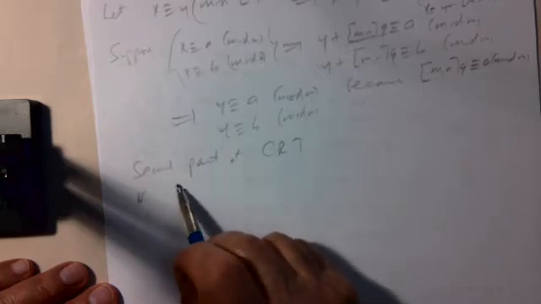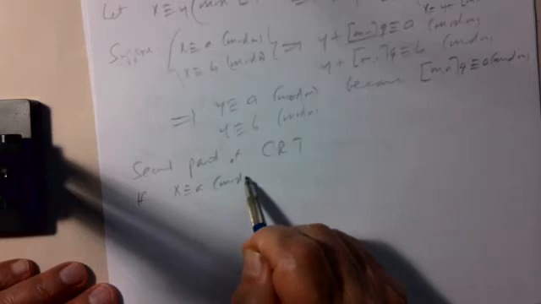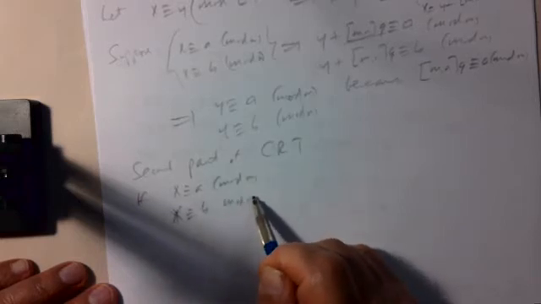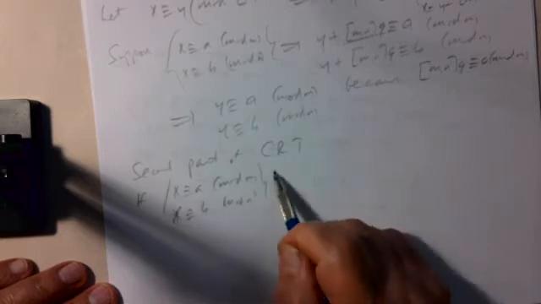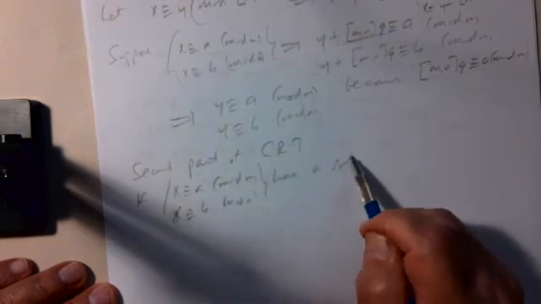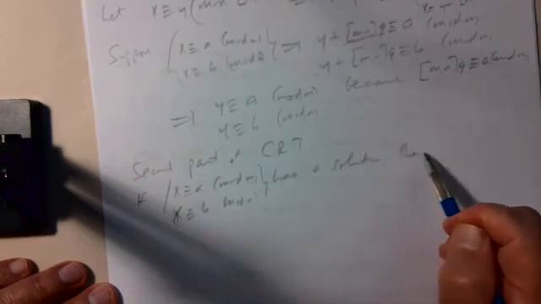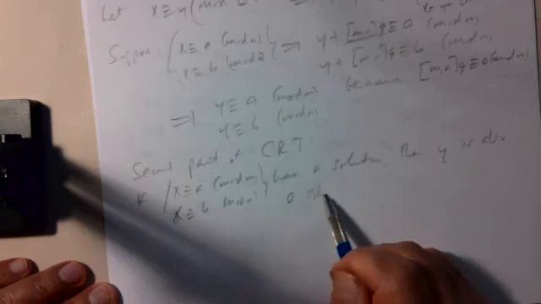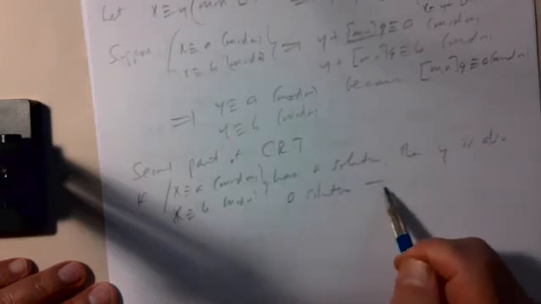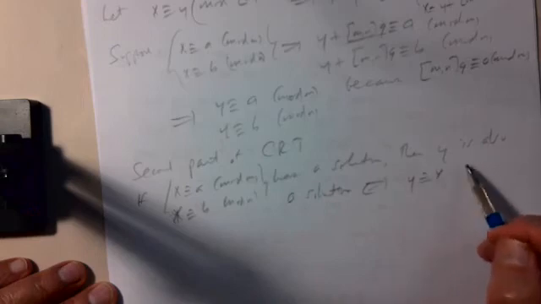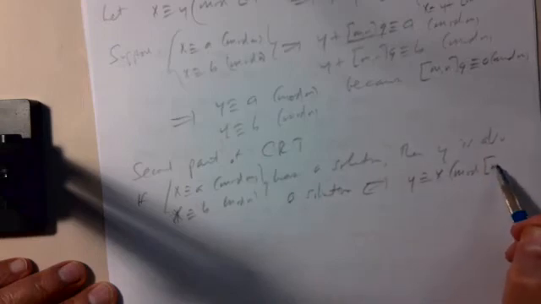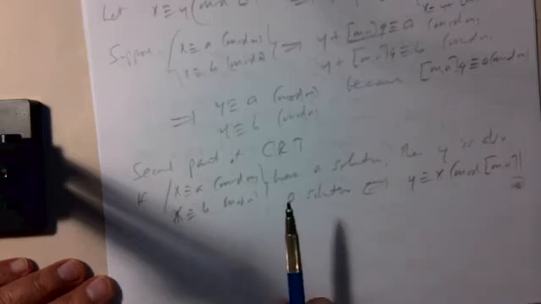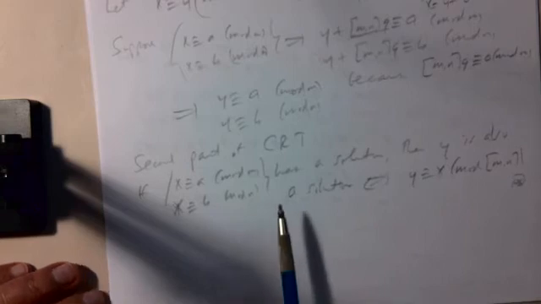If x congruent to a mod m, x congruent to b mod n has a solution, then y is also a solution if and only if y is congruent to x modulo the least common multiple of m and n. So there are an infinite number of solutions and they all lie in one congruence class.